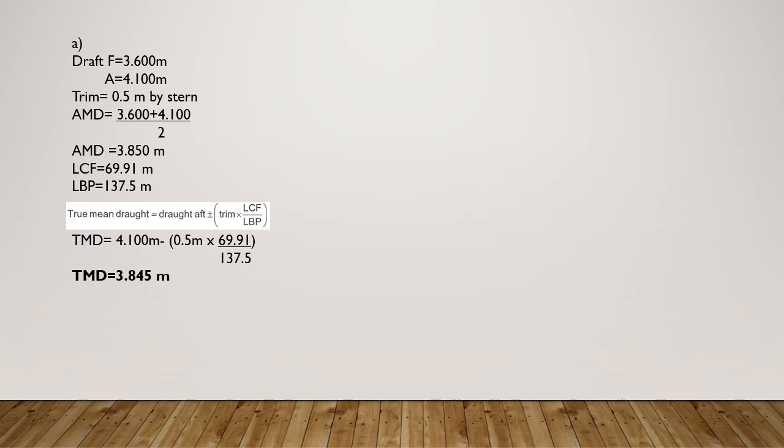And with all these values, you need to find the true mean draft of the vessel. True mean draft is given in the stability formula sheet. So true mean draft is equal to draft aft minus trim into LCF by LBP. So that will give you a true mean draft of 3.845 meter.